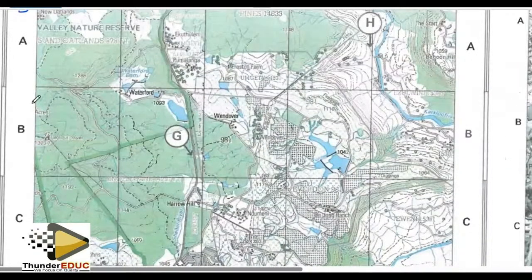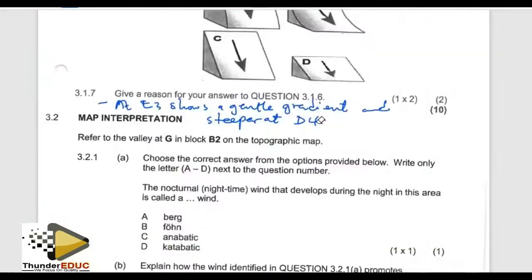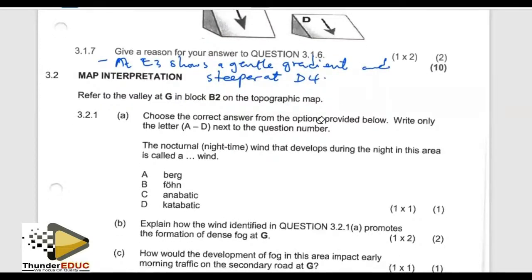Okay, the valley at G. So this is where we are at G, block B2. Choose the correct answer from those given below. Write only the letter to the number. The nocturnal or nighttime wind that develops during the night in this area is called katabatic winds, because we know that katabatic winds develop in the valley at night.